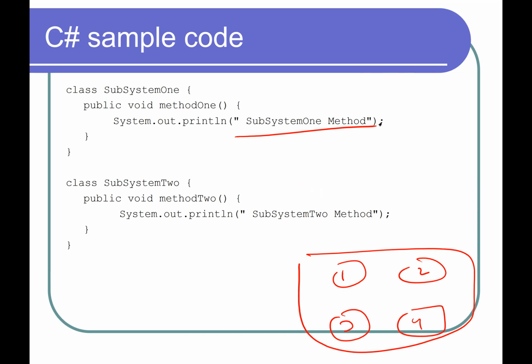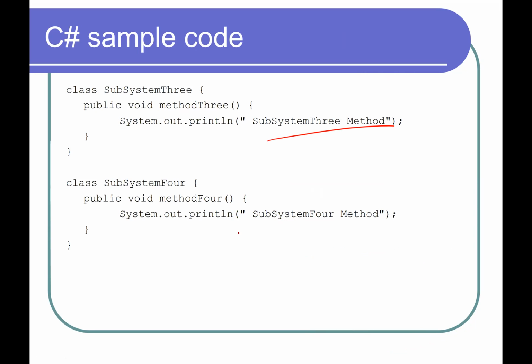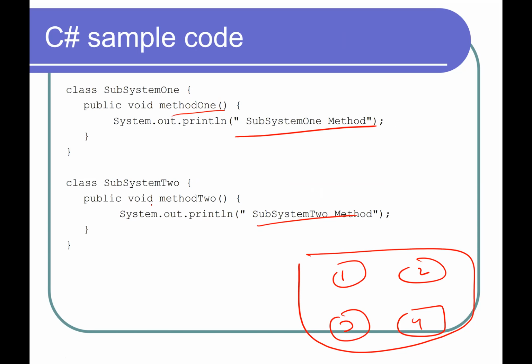Each one just prints its name: I'm subsystem 1 method, I'm subsystem 2 method, I am subsystem 3 method, and I'm subsystem 4 method. Very easy, each one with its own function name, as you can see. Very simple so far.